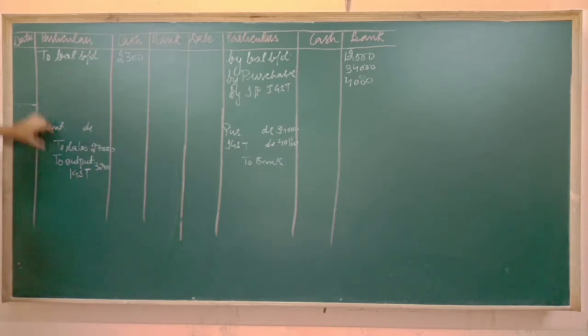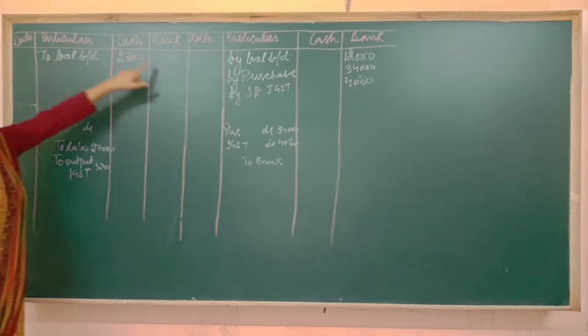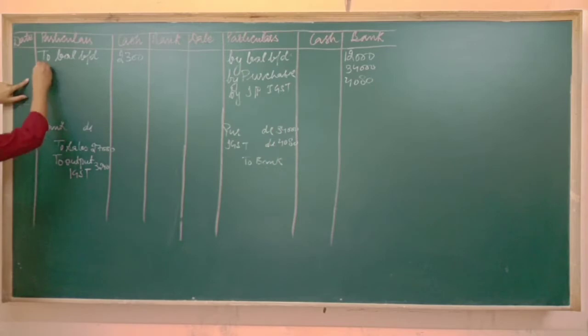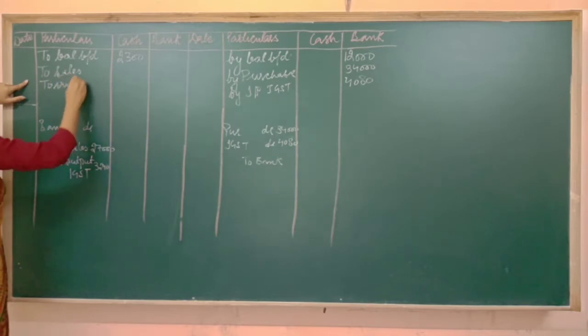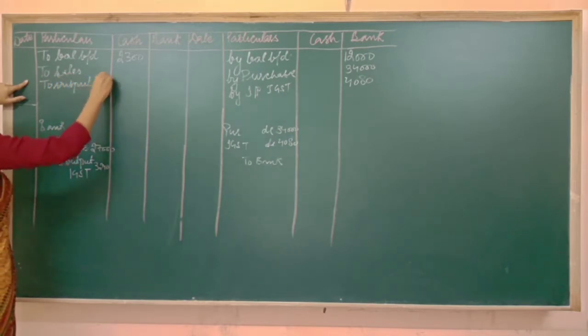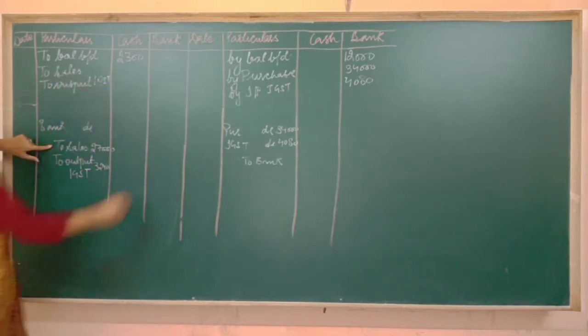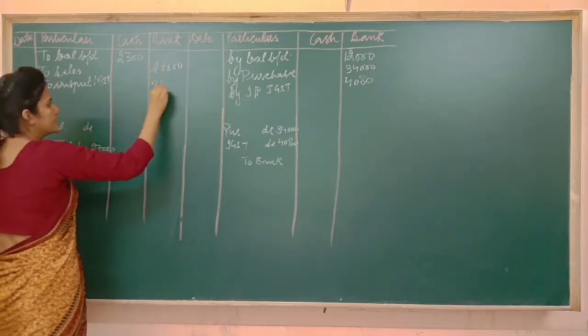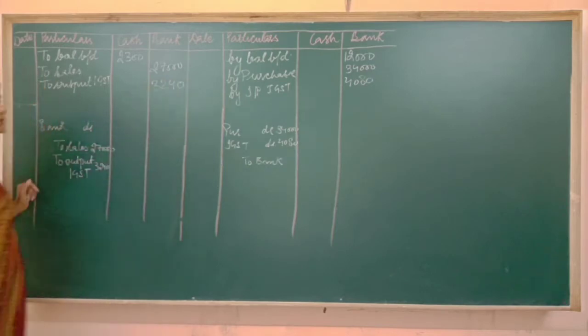So the transaction will be on the debit side of bank. Bank is debited because of sales and because of output IGST. So write here to sales, to output IGST. Sales 27,000, output IGST is 3240.